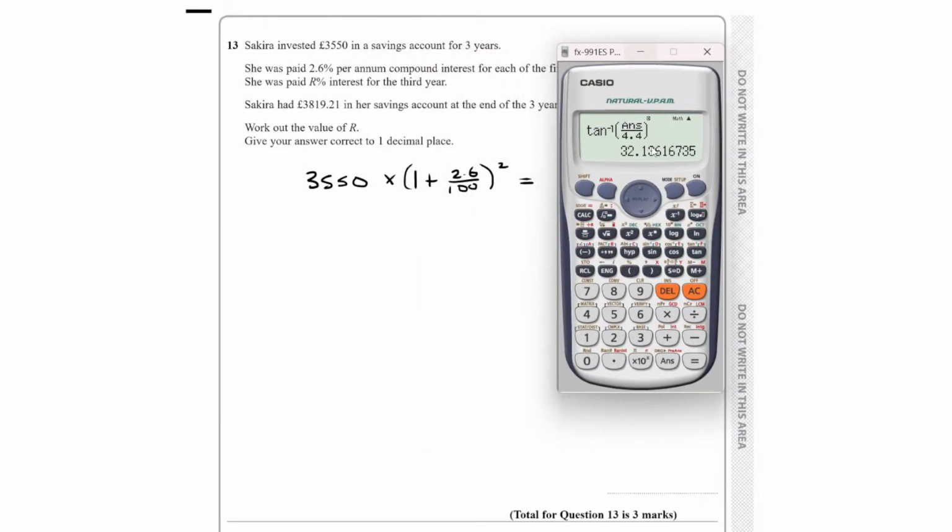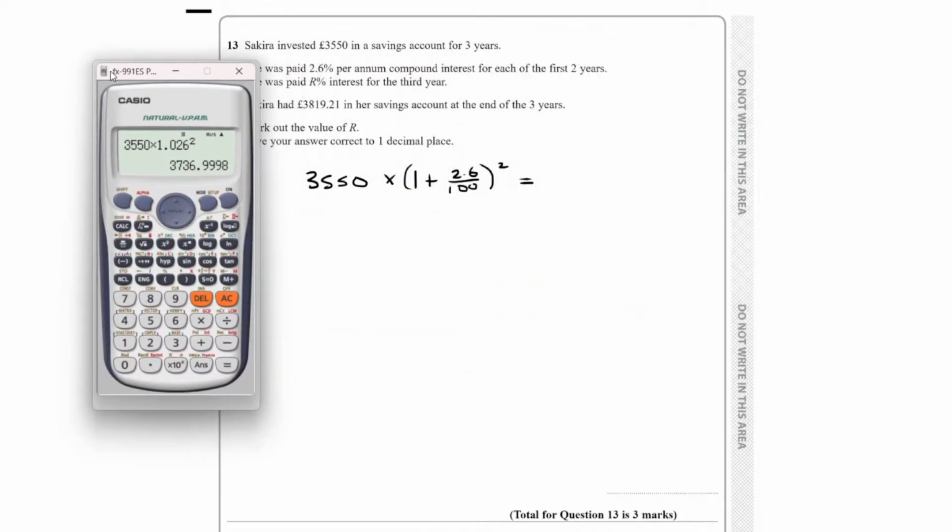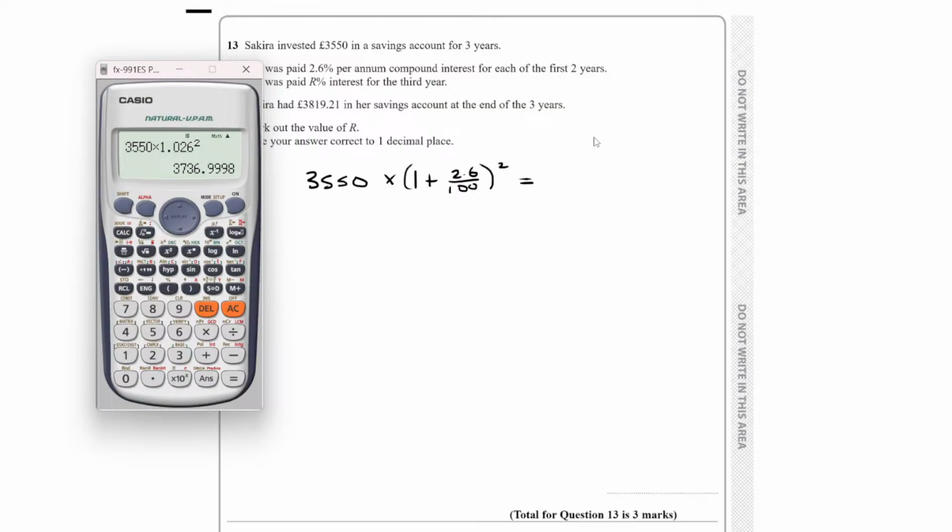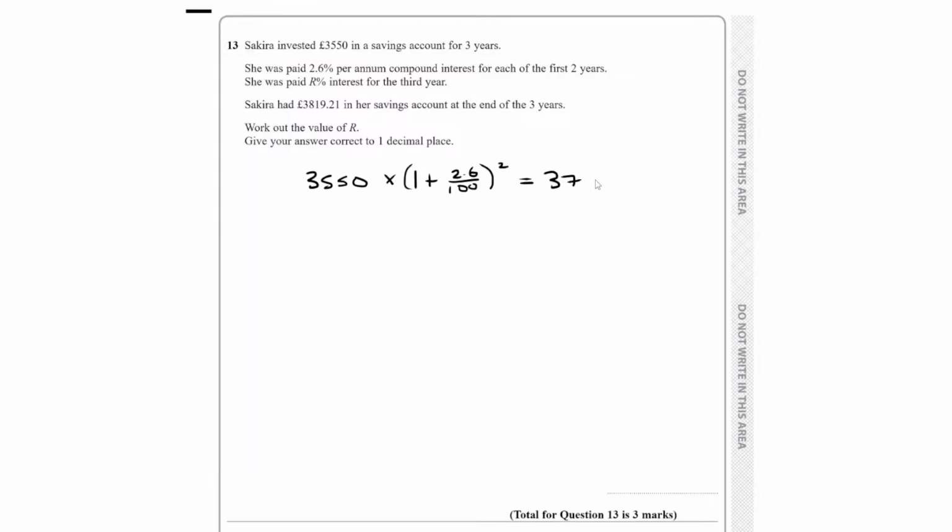So we might as well work that out. Which is technically the same as 1.026, isn't it? Squared, we get 3,736.6999. I'm just writing all the decimals because there weren't that many.